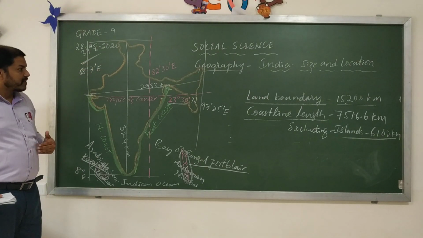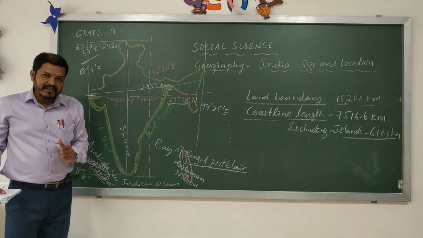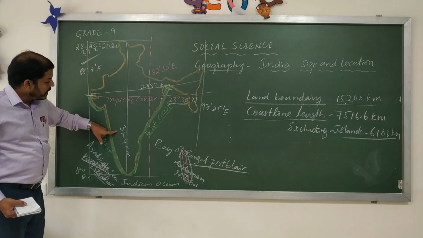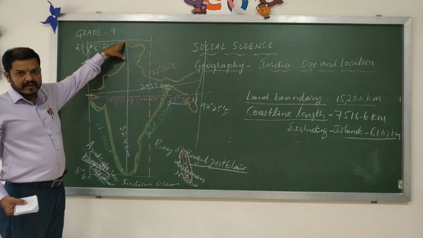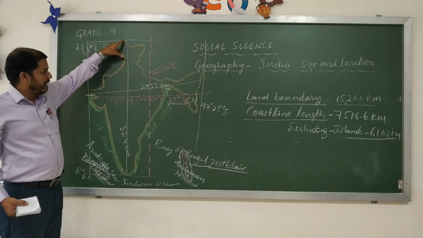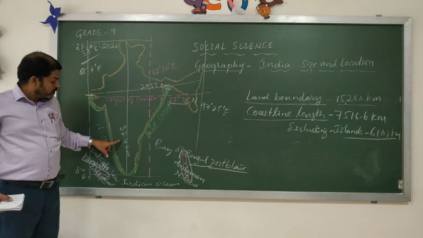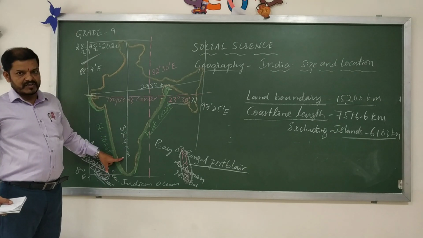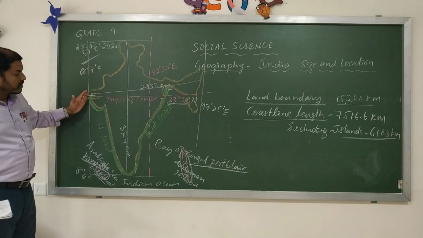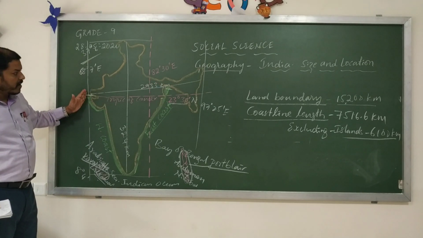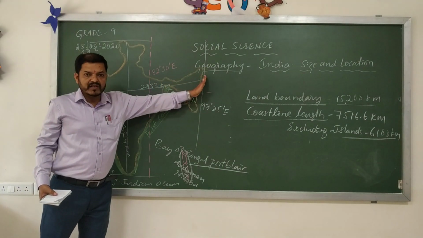The length and width of the country. From north to south, the total length of the country is 3,214 kilometers, from the top of the country here to Kanyakumari. And the width of the country, you take from here, Gulf of Kutch in the west to Arunachal Pradesh in the east.